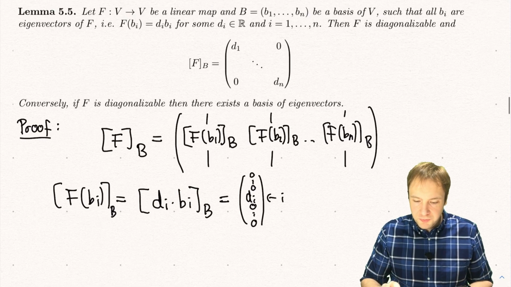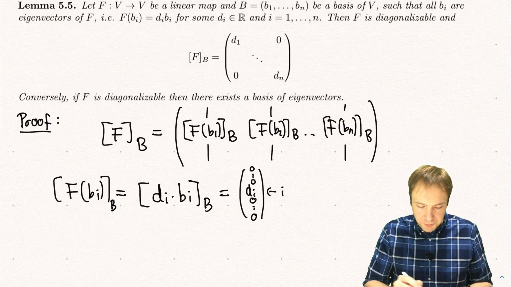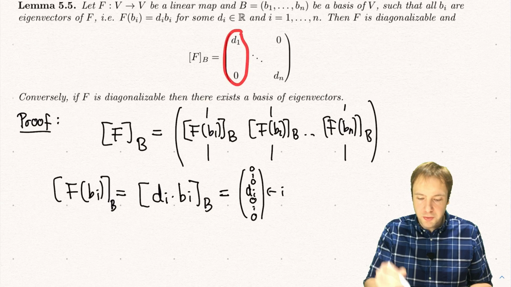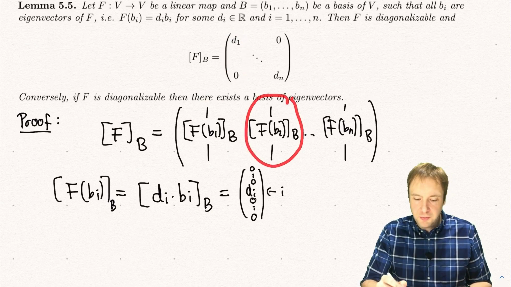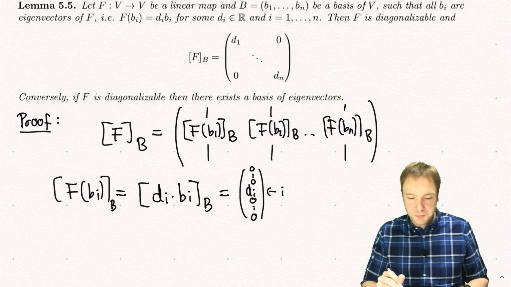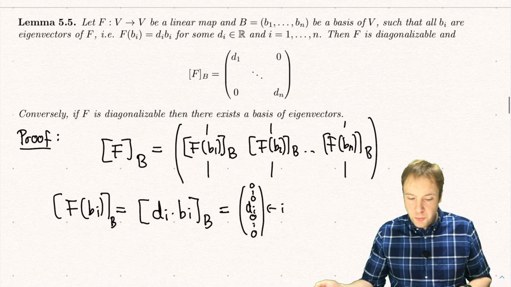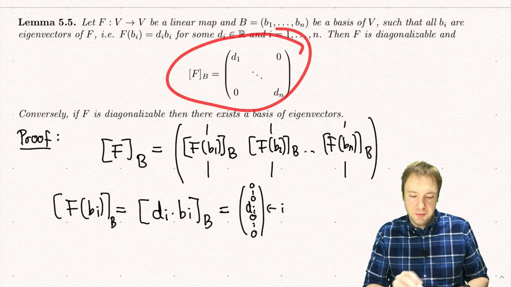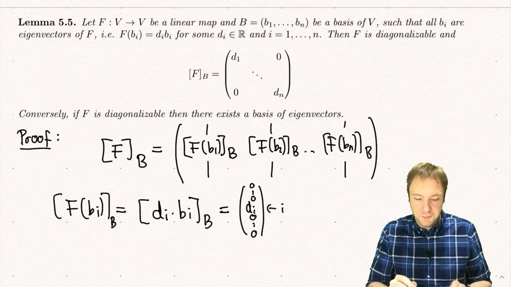But this already proves the lemma, because now this vector is d1, 0, 0, 0, this vector is 0, d2, and so on, and this vector is 0, 0, 0, dn. So this shows the one direction. If I have a basis like this, then the matrix with respect to this basis has this form.